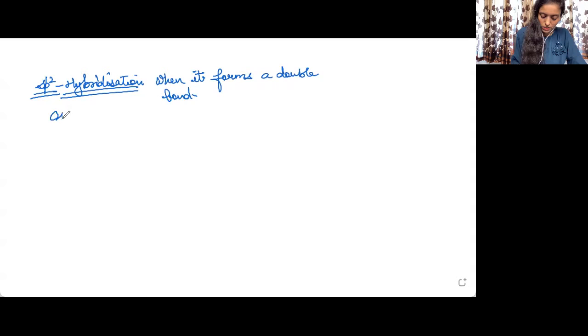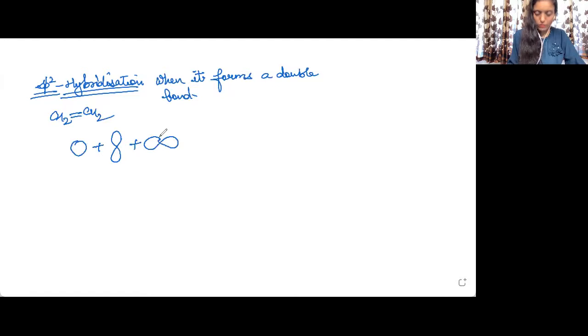So we can consider CH2 double bond CH2. Now, in this case, carbon's s orbital and two p orbitals of the outermost shell will be involved in formation of sp2 hybridized orbitals.